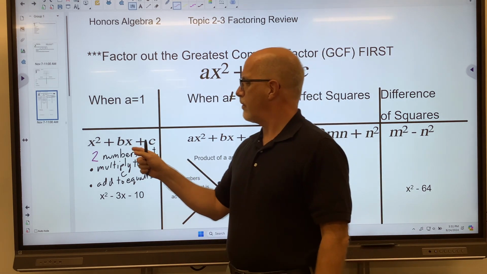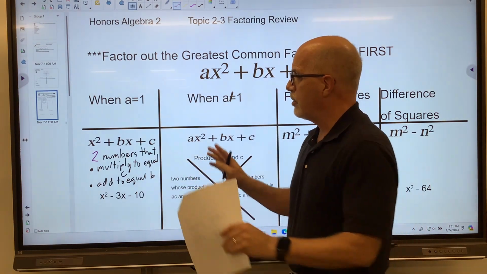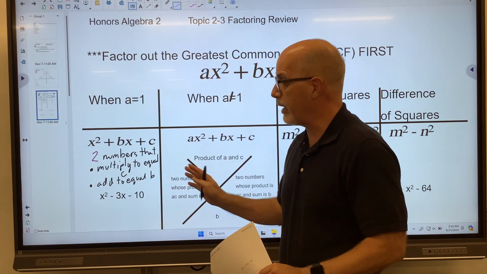Okay, so we're going to look for those two numbers in this pattern. Now, just a note of caution, you can use these other techniques on this one as well. This is just the quickest way.